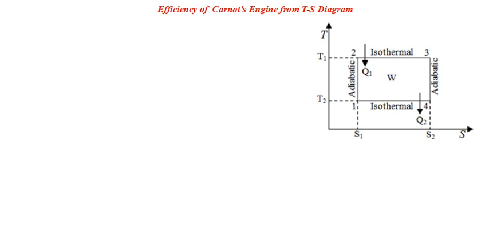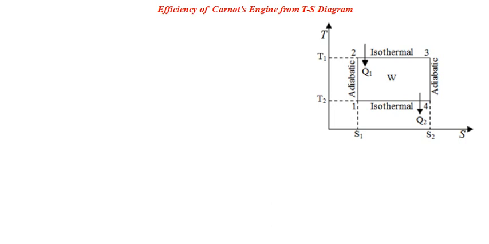So you can see that the entropy change during the two adiabatic processes is 0. That is quite evident here, isentropic. So whatever entropy change is happening during the cycle occurs during the two remaining isothermal processes. One is the isothermal expansion, and the other one is the isothermal compression.